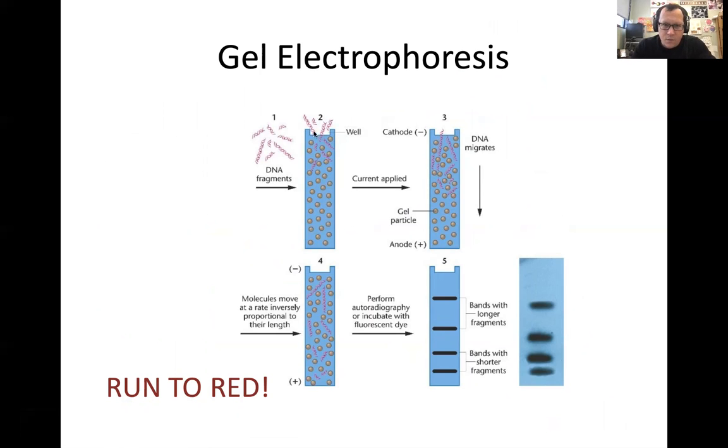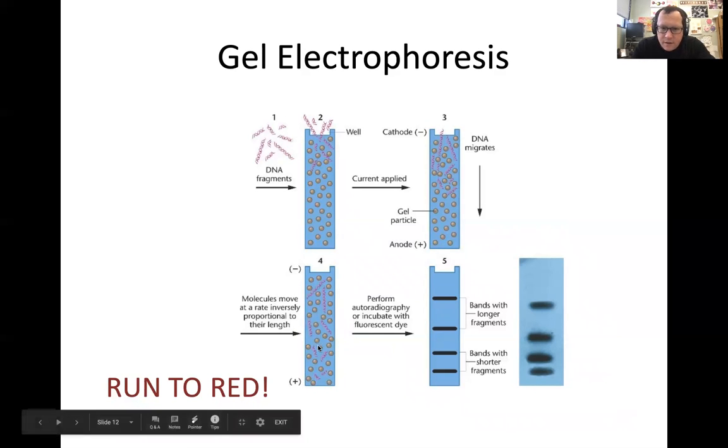If we take our DNA sample and we put it in a well, and we apply an electric field, because that DNA is negatively charged, it's going to want to go towards the positive charge in the electric field. And so the DNA starts migrating through that matrix. Okay. And so if you give it enough time, it's going to move through more quickly or further. But DNA will separate out.